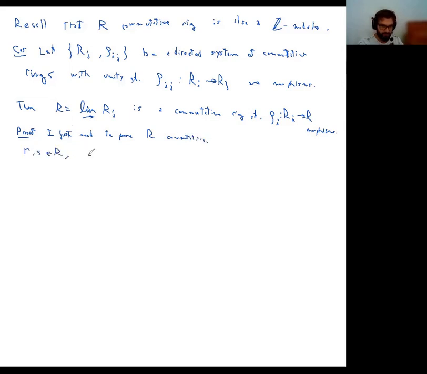If we take two elements, then there exists just one j in the index list, and r_j, s_j in R_j which represent these objects.